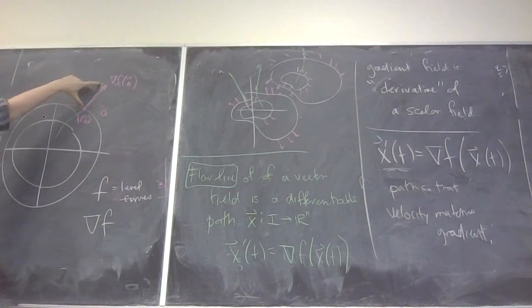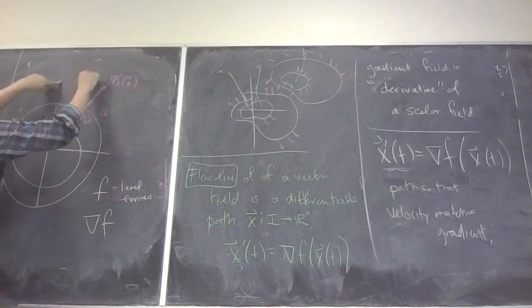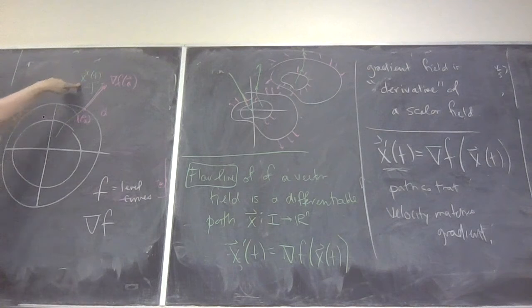Not even the unit tangent vector, but actually x prime of t, the velocity vector of the path, matches the gradient vector.